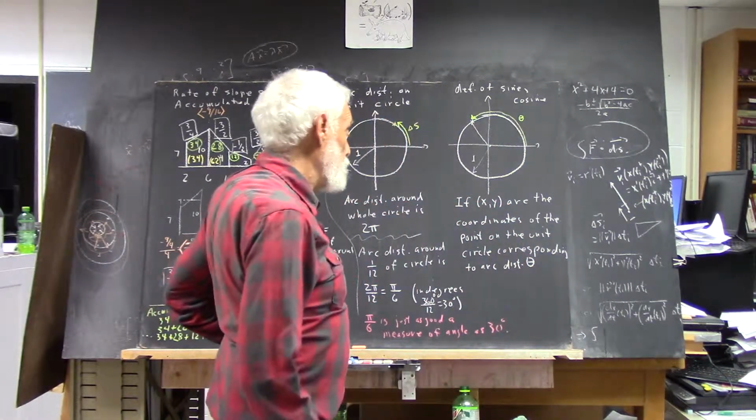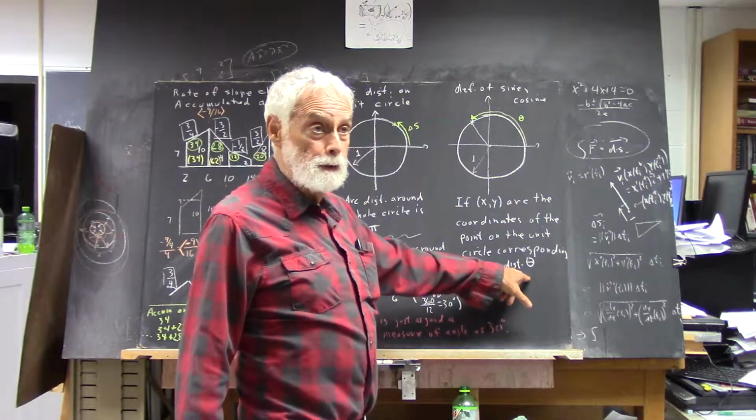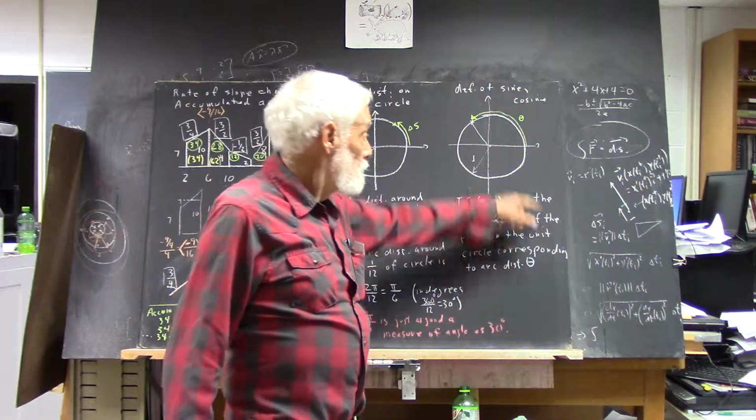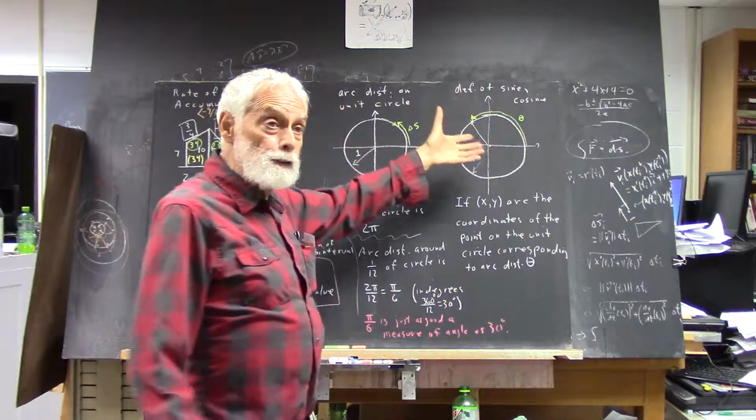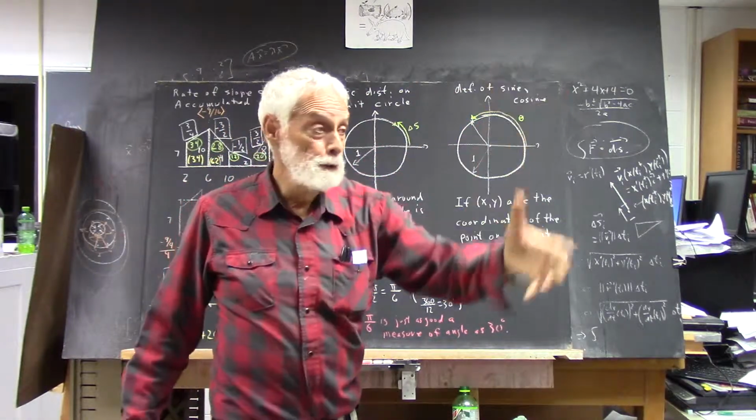So I'm going to use theta, which is a symbol we typically use for angles. I'm going to use theta for the arc distance because I just said that arc distance is just as good a measure of angle as degrees.